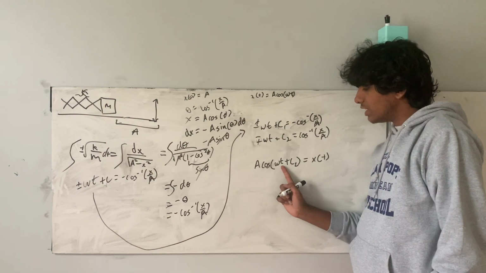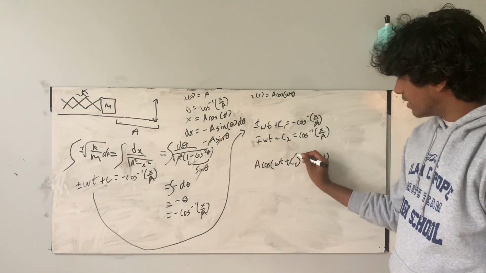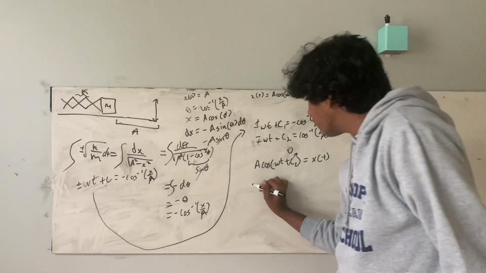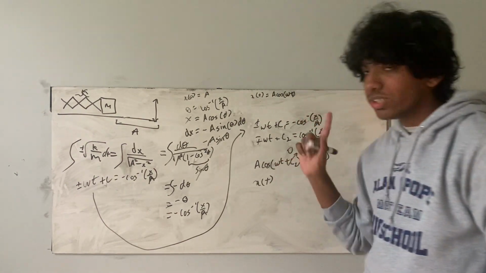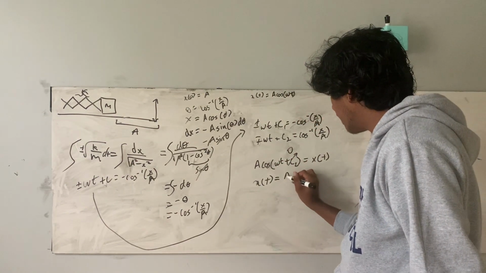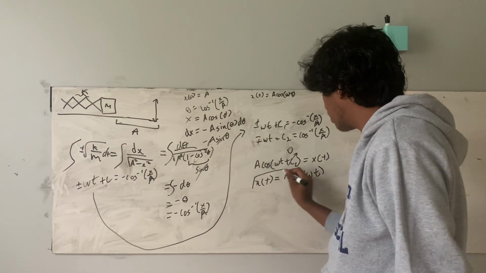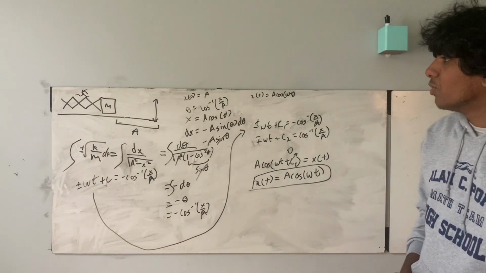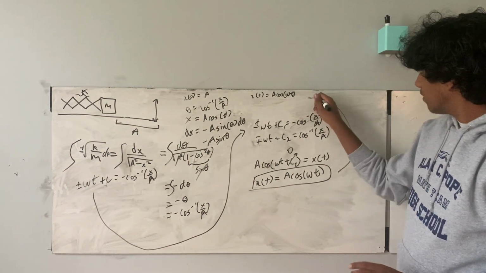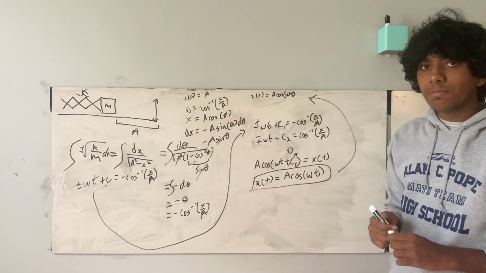And since this is already 0, c2 is also 0. So our final equation, let's switch the sides so it looks prettier: x of t equals a cosine omega t. And that's your proof for this. Yep, hope you enjoyed.